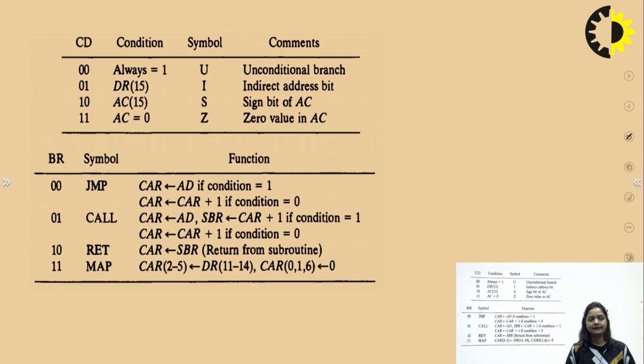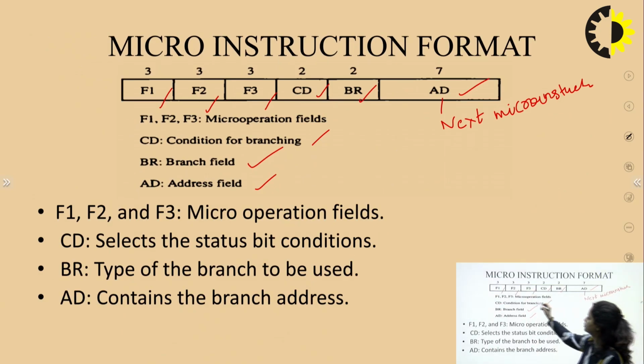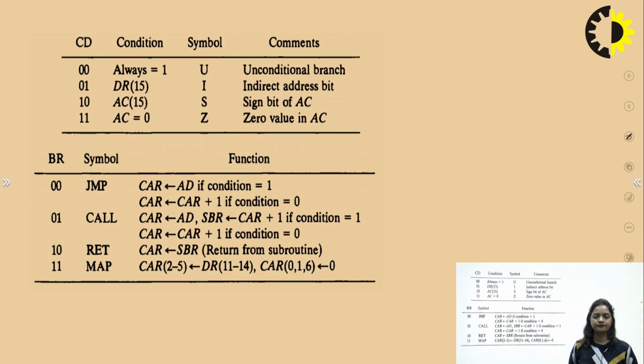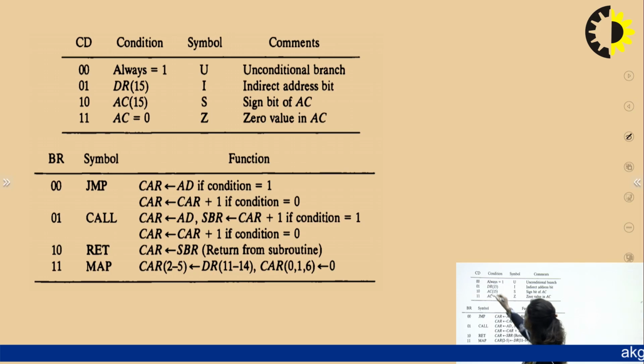Now what about the next 2 fields, CD and BR? We have already discussed the first 3 fields. What about the CD and BR fields? They will be of 2 bits each. So how will we come to know what conditional branching is present, whether a branch is present? There are 4 combinations, that is 00, 01, 10 and 11.